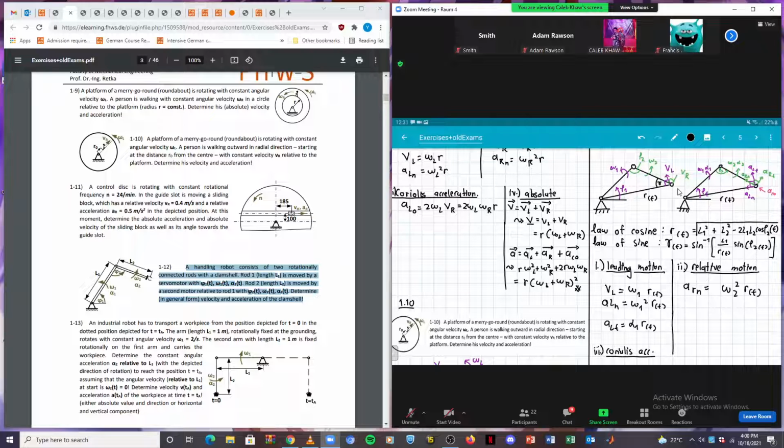Then we can find the absolute velocity and acceleration. Also, I believe for the relative acceleration, we no longer want to use the R of t. We want to use L2. I'm pretty sure.